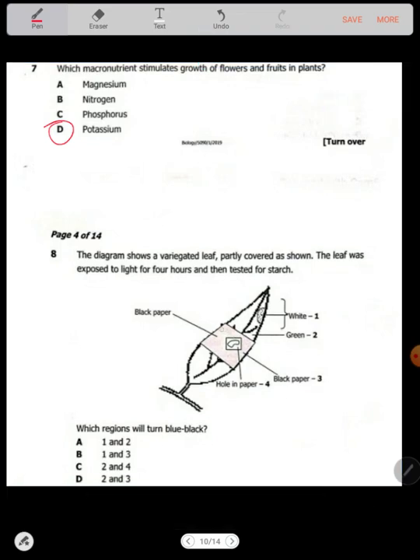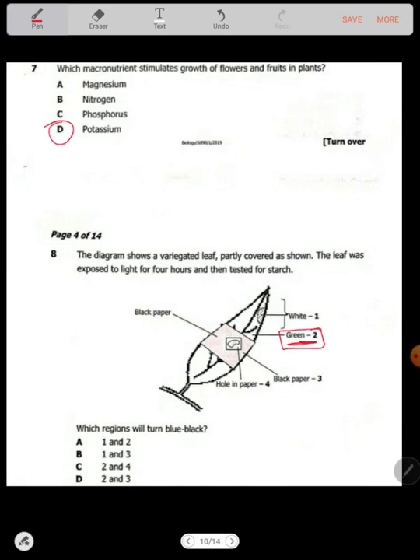And this is black. So black is a good absorber of light. That's what we know. So 2 is green, and green is going to have starch. That's a fact. Now, when we look at this part, there's a hole on the paper.